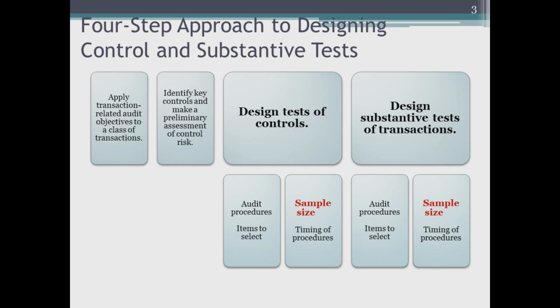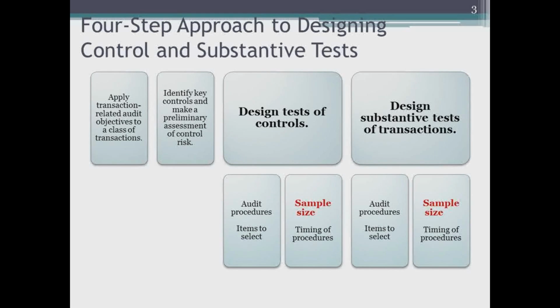So let's look at where we have come from and where we are at this point. If you remember when we talked about designing tests of controls and substantive tests, that's what we're going to focus on with respect to audit sampling. Obviously this would impact account balances and detailed testing as well.